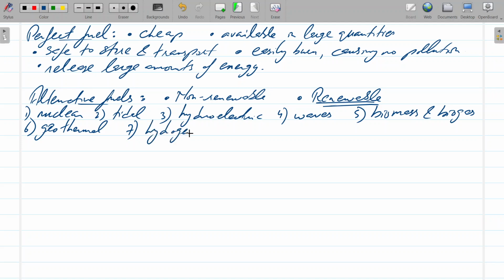So hydrogen, we just talked about hydrogen fuel cells, the last class, solar, and wind. So, these are all renewable fuel sources, and many of these are used in different countries across the globe, right? Even nuclear fuel. But again, none of these are perfect.